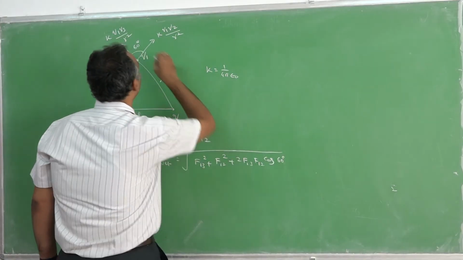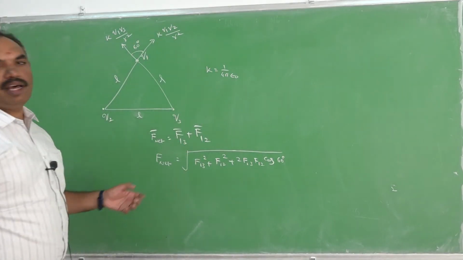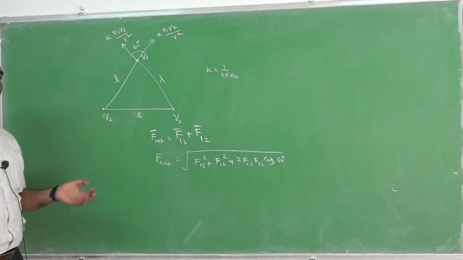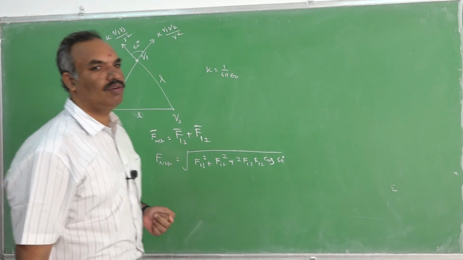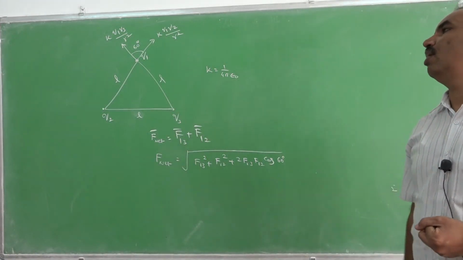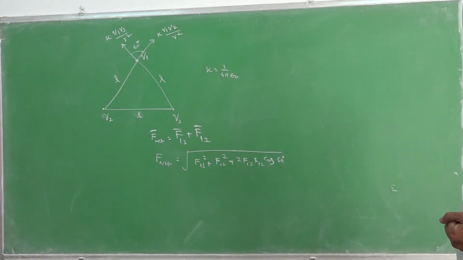By substituting those values here, you can find the magnitude of the net force. And the direction of the net force is given by, again, the parallelogram law: tan alpha is equal to Q sin theta by P plus Q cos theta. By using that formula, you can find the direction of the resultant force.